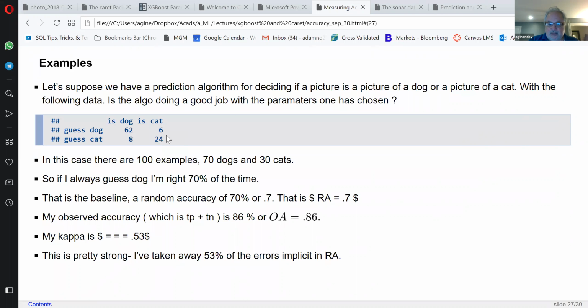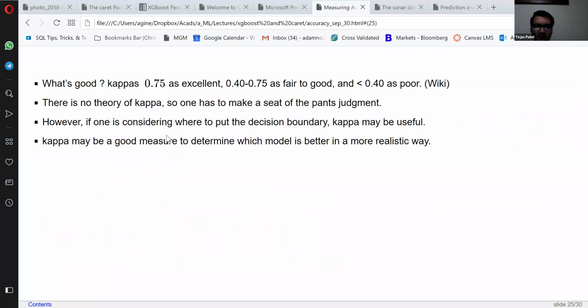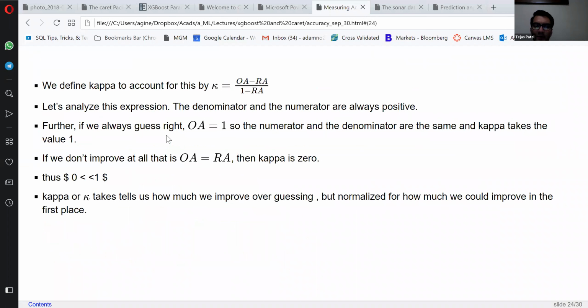Okay. So in the previous slide, where observed accuracy minus random accuracy, why was it said that the numerator would always be positive? Well, how accurate can you be? You can't be better than 100%. Right. You can't have more than one.